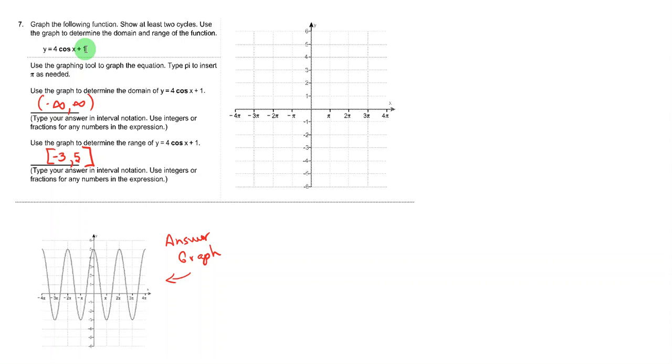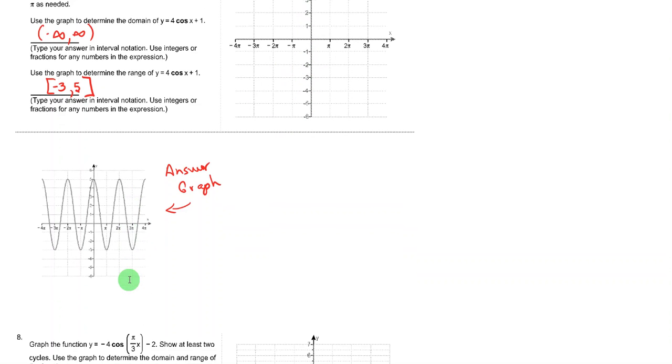So when we finish, our domain is still going to be -pi to pi. Our range is going to be from -3 up to 5. Right there. Let's look down here at the answer. So 5 is where we went up because we went up 4 from 1. We were down at -4, and if you go up 1, you're at -3. So this is where it lives, from -3 up to 5 in brackets.